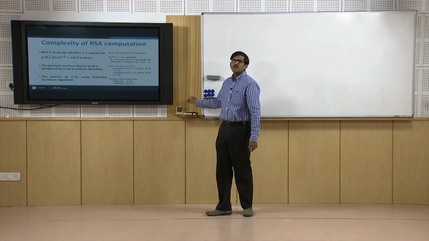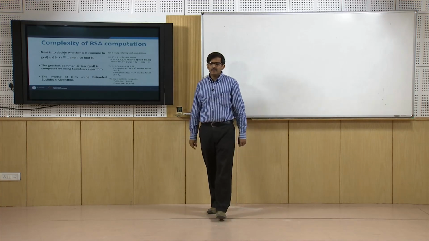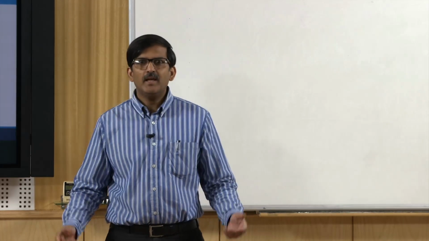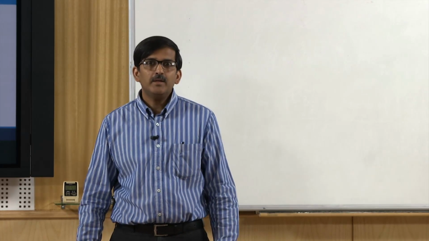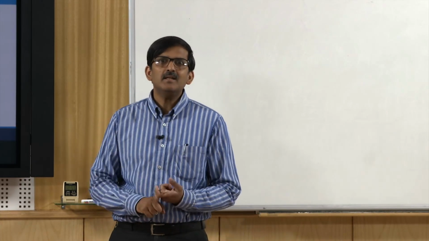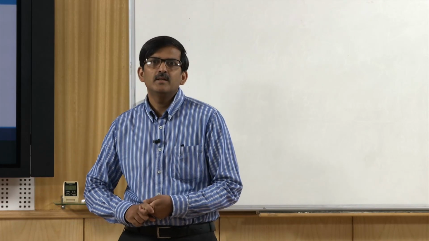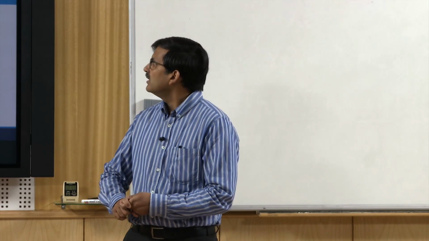Now, before starting to calculate the complexity of GCD computation of A and phi n, I would like to point out that this is exactly where the security of RSA lies.